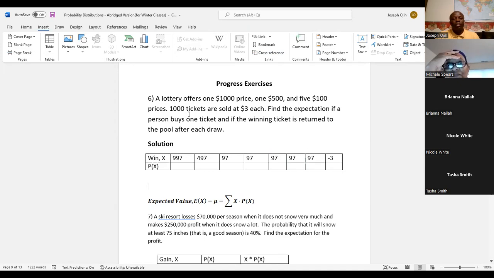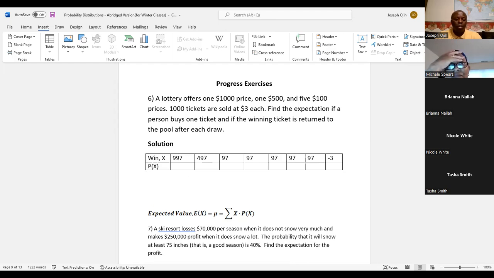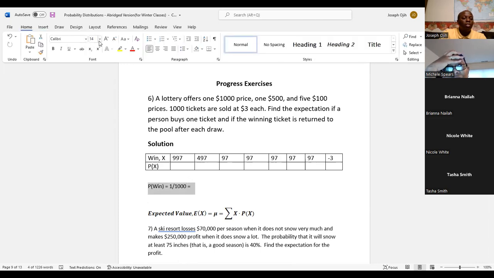Now, 1,000 tickets were sold. So your chance of winning any prize, the probability of a win, is, because you bought only 1 ticket, 1 out of 1,000 tickets. That's the chance of winning it.